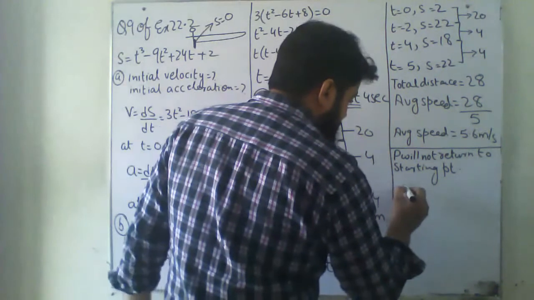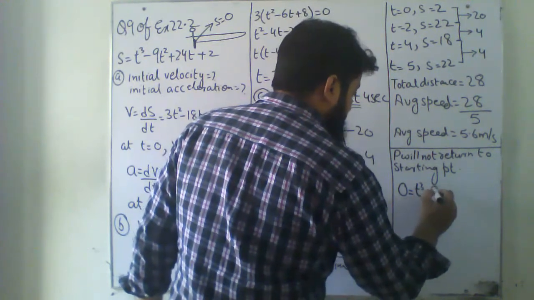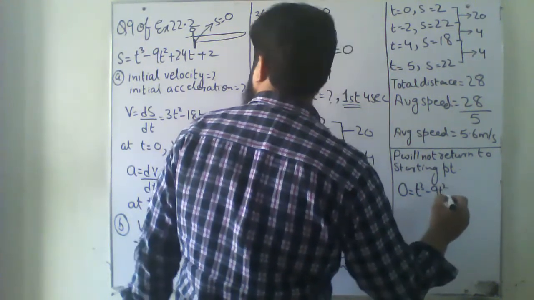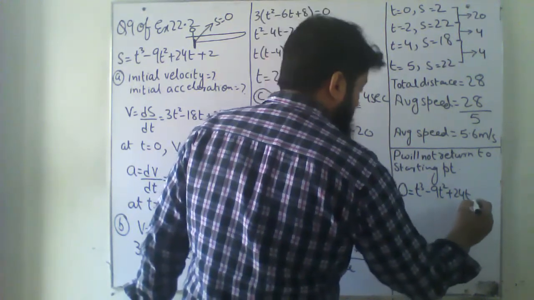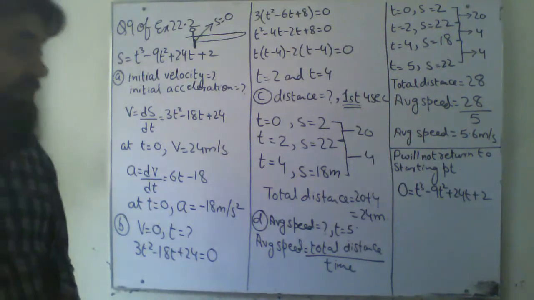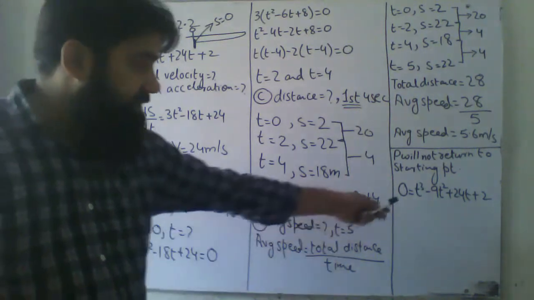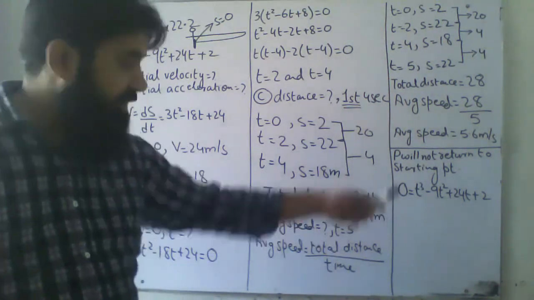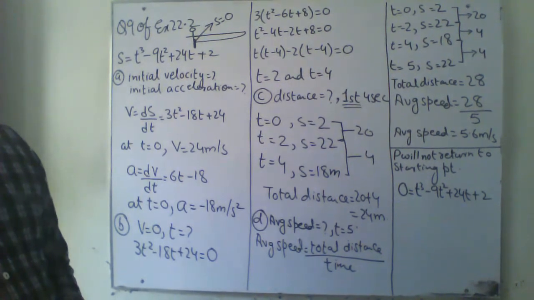So 0 equals t cube minus 9t square plus 24t plus 2. Okay. Now I'm going to simplify this using cubic factorization, and I will try to get the value of t.